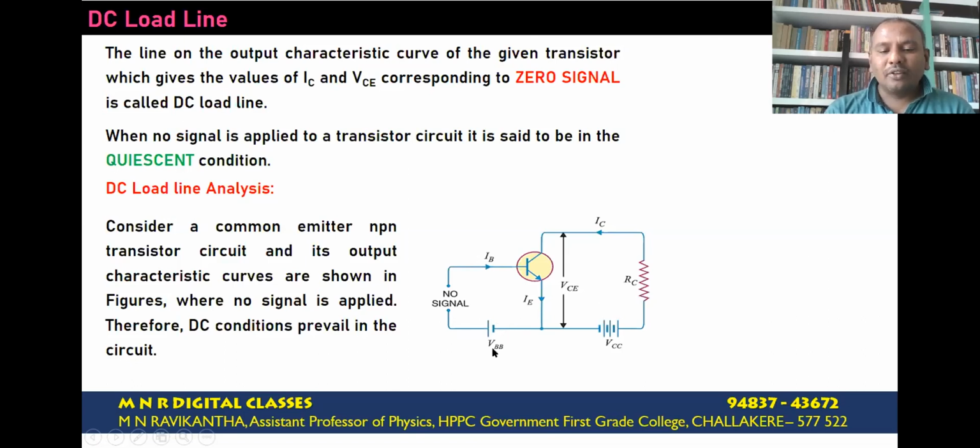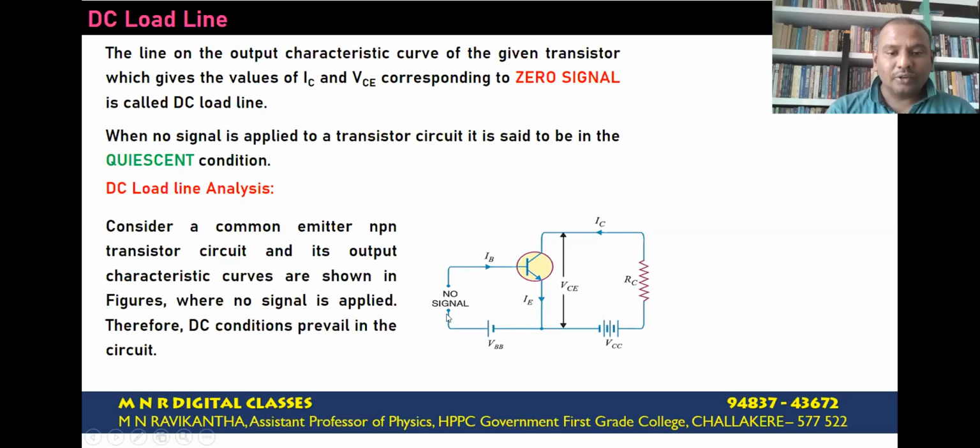The input biasing voltage VBB and output biasing voltage VCC with the load resistance RC. The current passing through the output circuit is taken as IC. The corresponding current in the input circuit is IB, and the emitter current is represented by IE. And VCE is the corresponding output voltage.